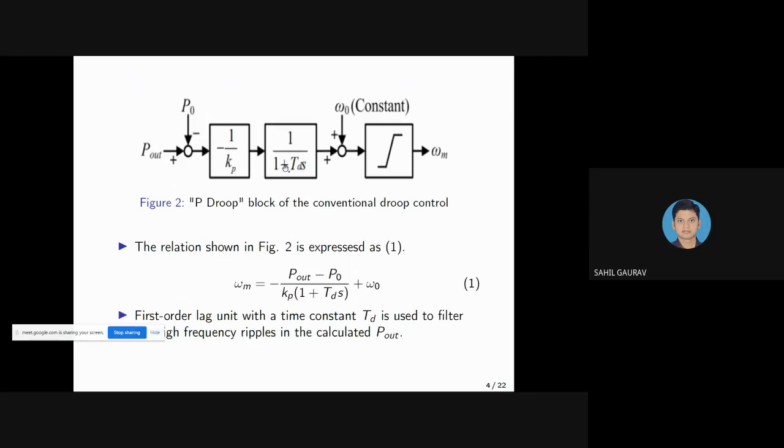If the measured output active power is greater than the set value of output active power, this P droop block lowers the output angular frequency omega m. Contrarily, if the measured output active power, that is P out, is less than the set value of output active power, this P droop block increases the output angular frequency omega m.